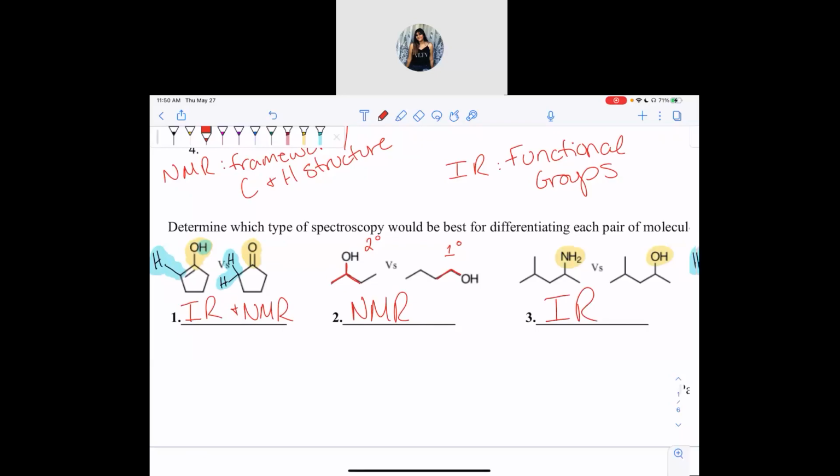Someone pointed out a really good point: in this example, it was a two hydrogen difference, and here we have one hydrogen, one on an oxygen, one on a nitrogen. Why can't we use NMR? That's a good point. However, the reason you can't really use NMR is because everything else is so similar, and both of these would be in the heteroatom region anyway. This would be such a tiny difference that you wouldn't really be able to tell the difference between these two molecules on NMR alone, so you would have to use IR.